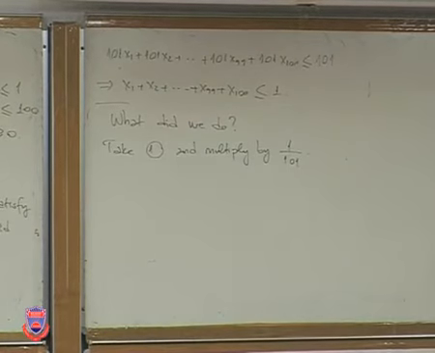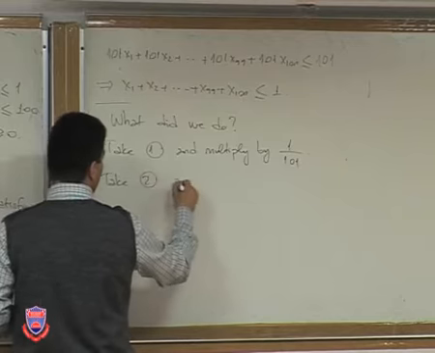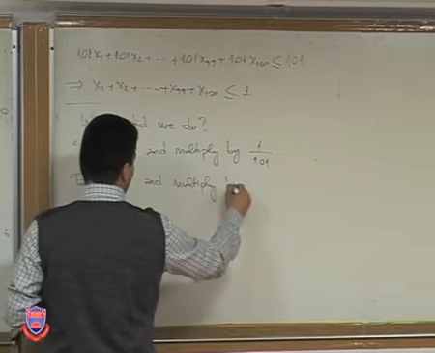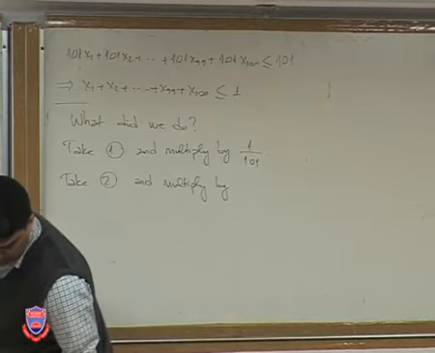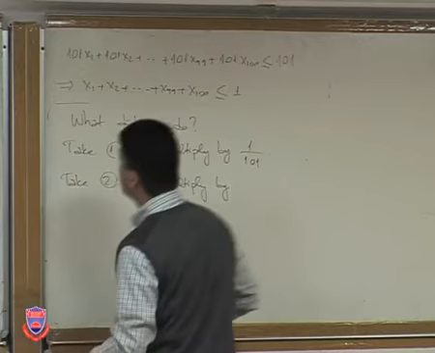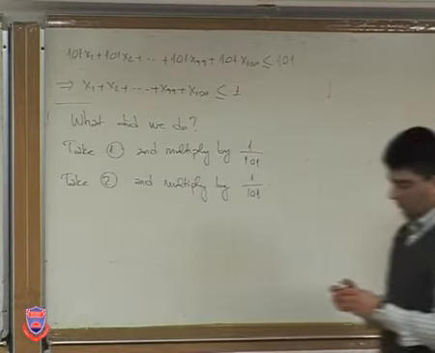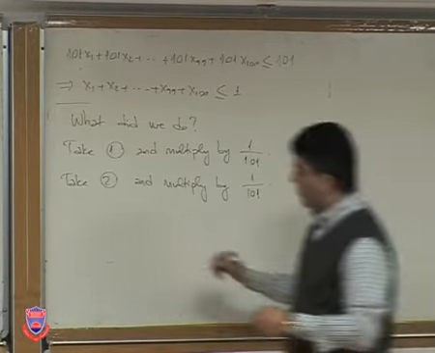Both sides of the inequality will be multiplied by 1 over 101. Similarly, I'm going to take the second inequality and multiply it by 1 divided by 101, and add them up.